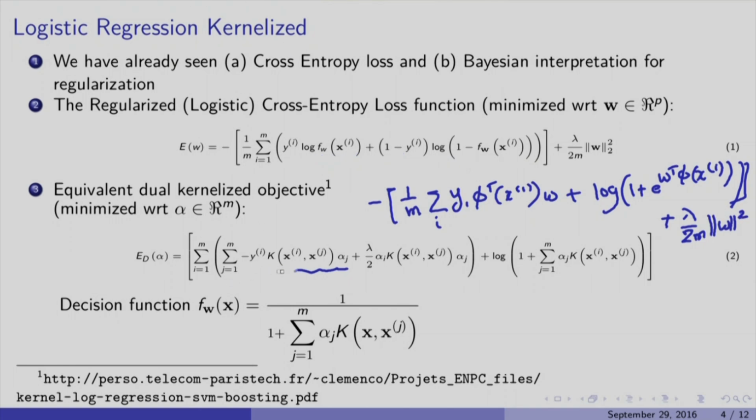So it's easy to see that this component has been replaced by the summation over j of k(xi, xj) alpha j. One will also get the quadratic component by virtue of the regularizer, and finally the term dealing with log, which is independent of yi, continues remaining so.